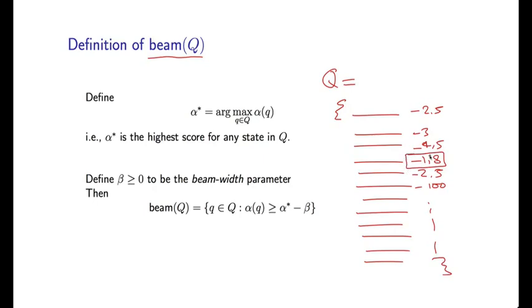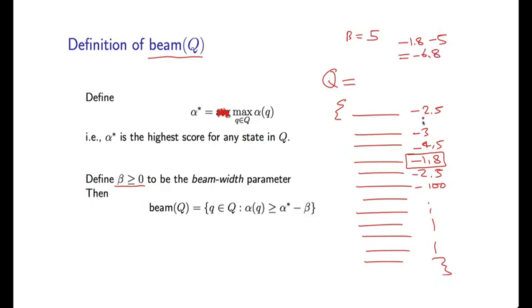And, sorry, that should be max, not argmax. Okay, so alpha star is the highest score for any state in the set. Beta is some beam width parameter which says how far we go. So for example, we might take beta equal to 5. And so then we subtract the beam, so minus 1.8 minus 5 is equal to minus 6.8.